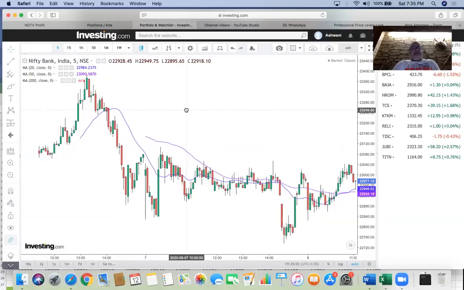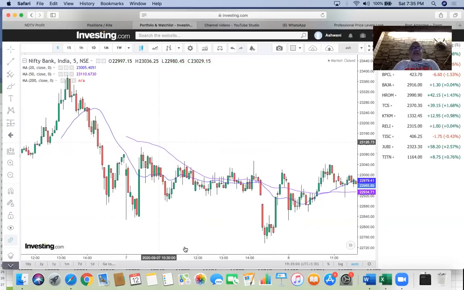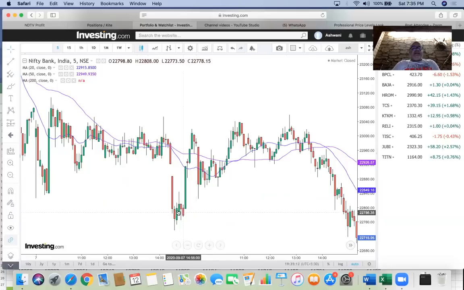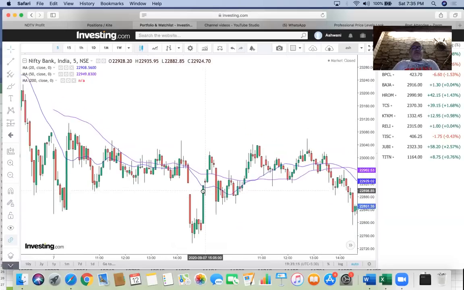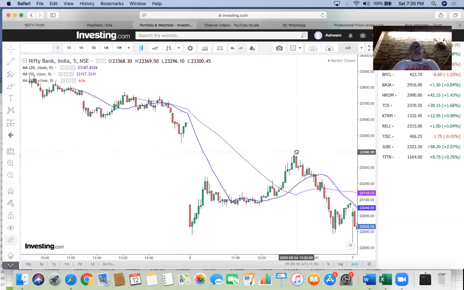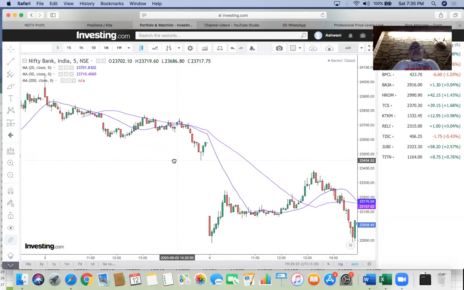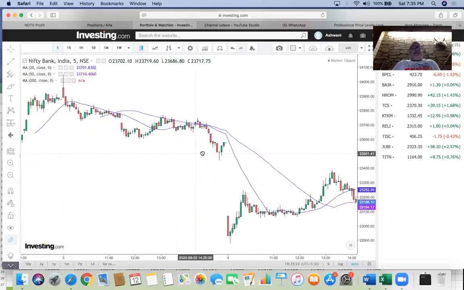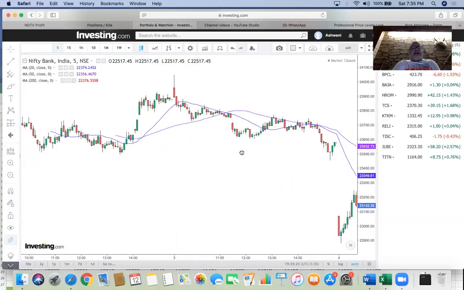Okay, so again, we have one low, then we have another low, and the market makes a spring out of this. Each time, we get past a previous session high.